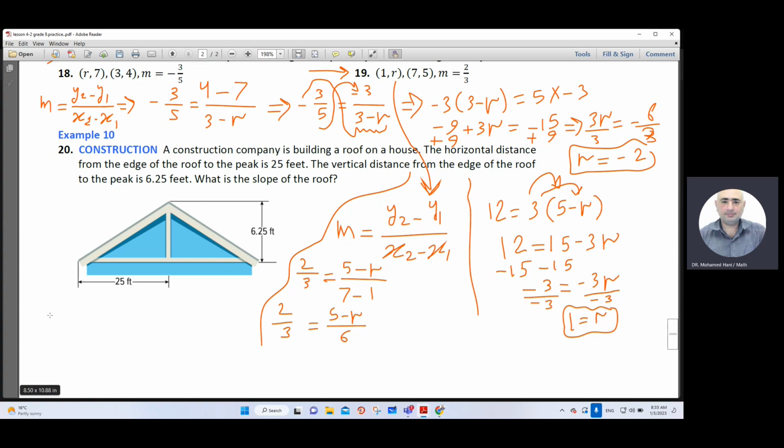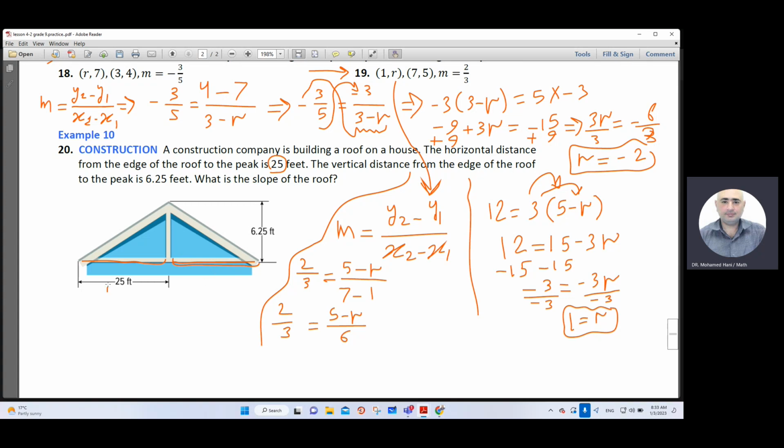A construction company is building a roof on a house. The horizontal distance. What's the meaning of the horizontal distance? This from here to here, or from here to here. This is the horizontal distance. From the edge of the roof to the peak is 25.